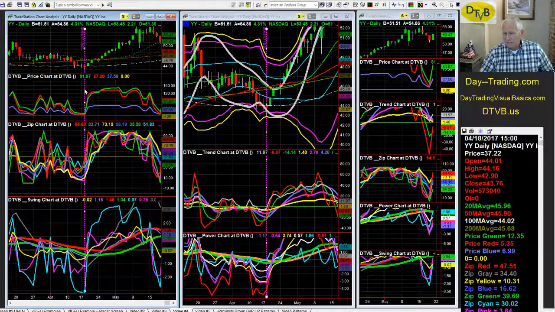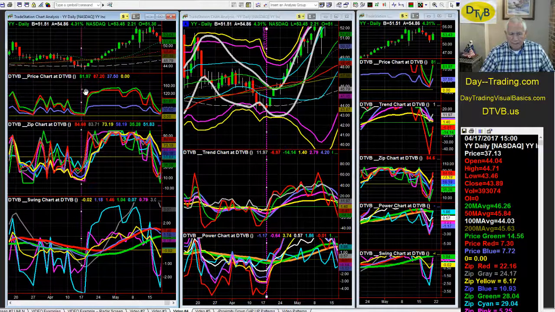And so we got 5, 7, and 12. Green is at 12. Red is lowest. This is the lowest day on the chart. And just like here, back over here, price red was lowest as well. Okay, but now it's significantly better by 2 points. And that's kind of where we like to see it.